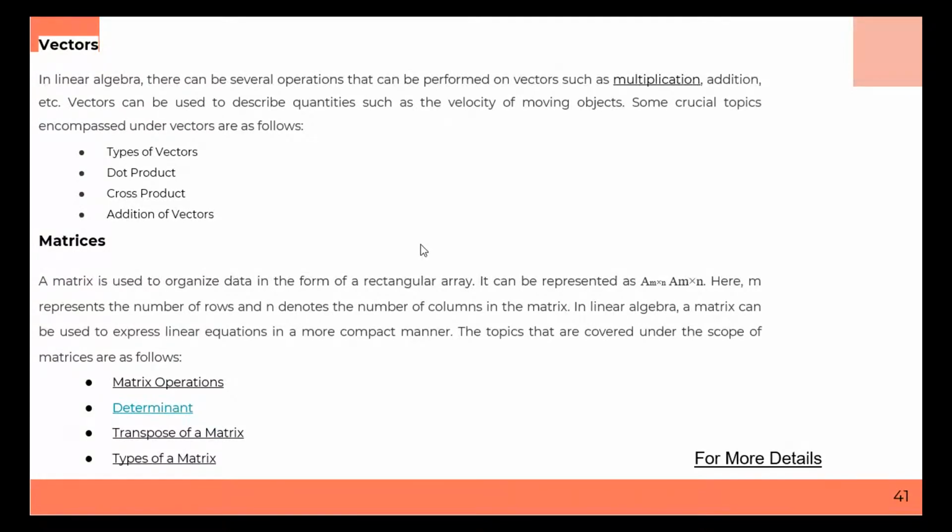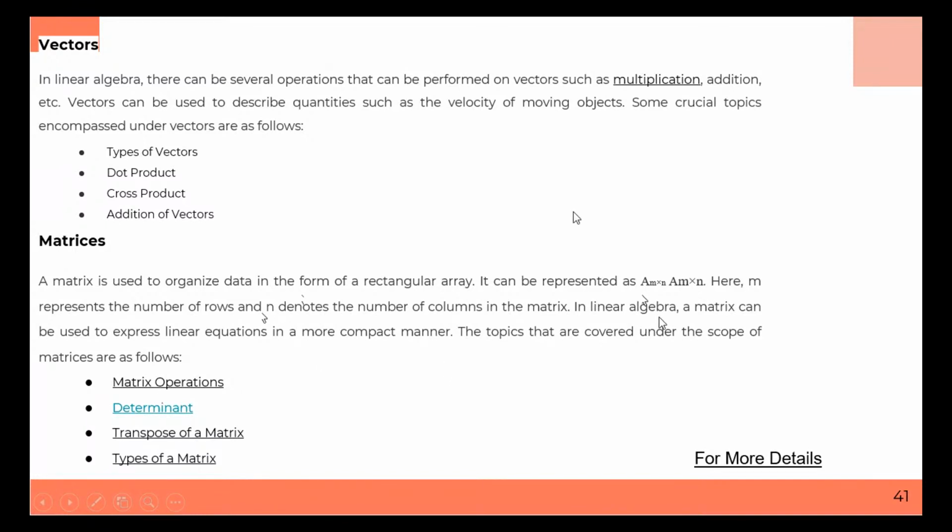That's how we try to calculate the displacement with the help of vectors also. Matrices we spoke about. I hope you have understood the vectors. We keep it in a separate place. A matrix is used to organize data in the form of a rectangular array. It can be represented as m into n.